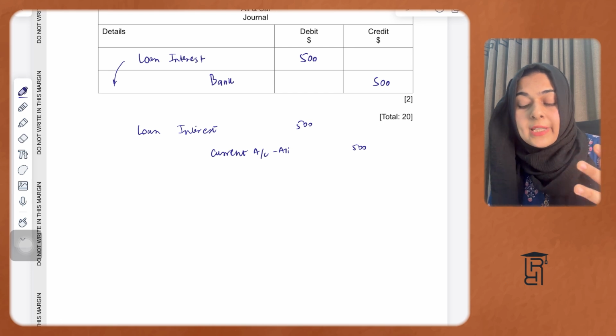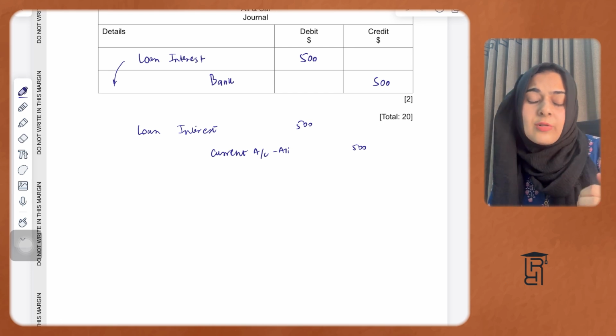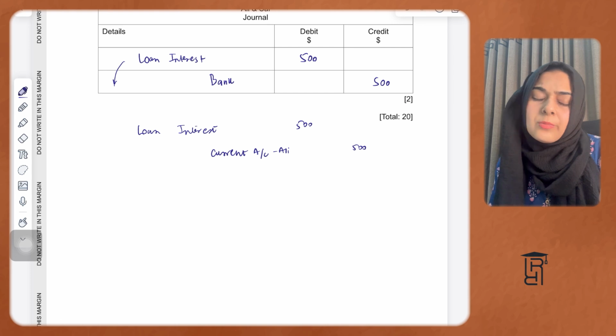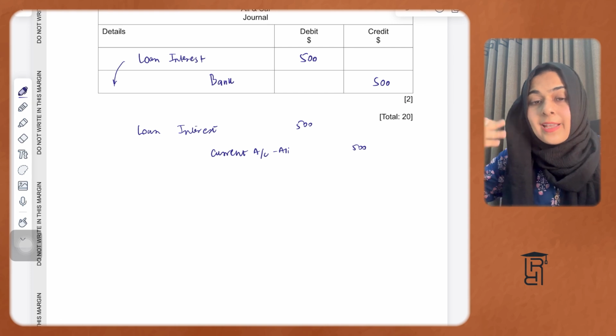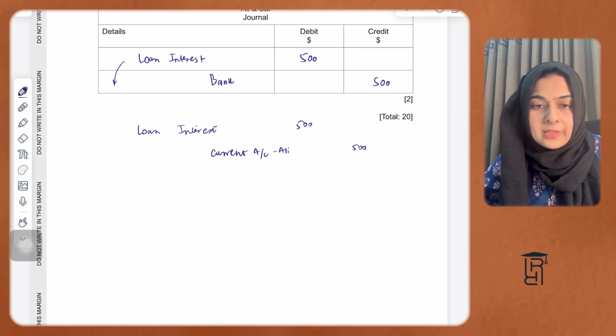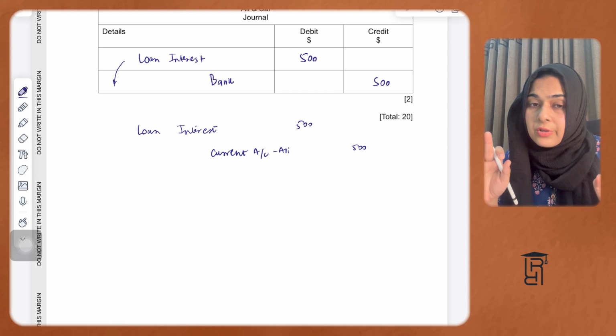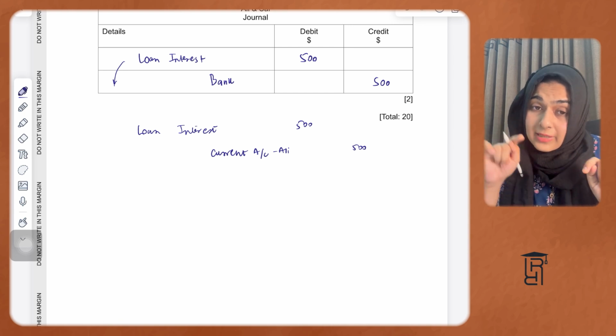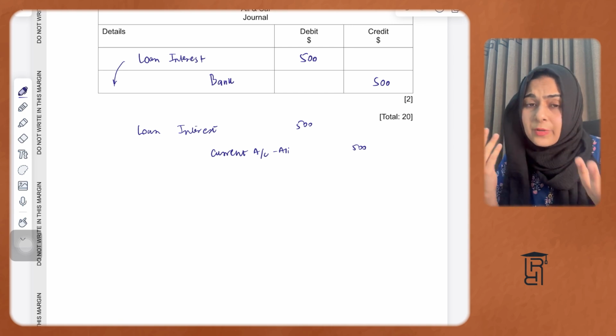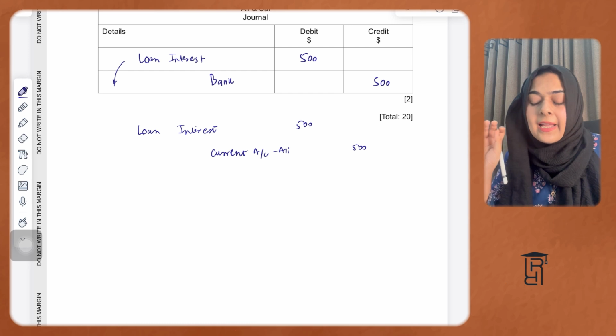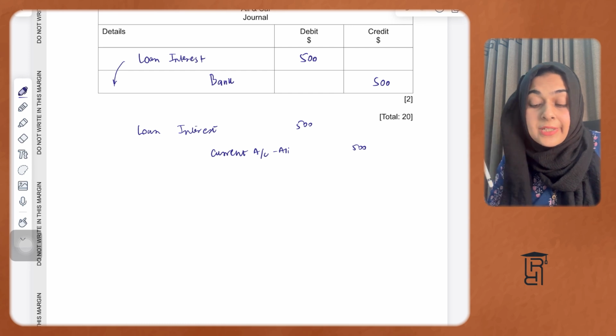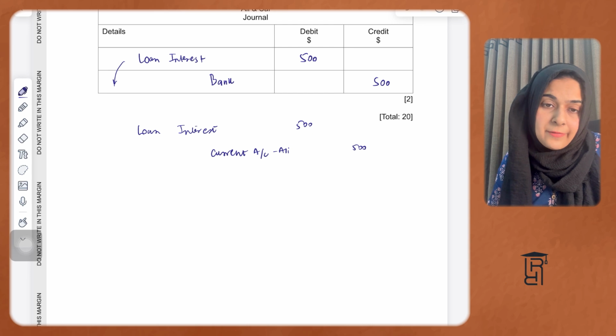That will not be a liability anymore. You will just record that as capital, and not as other payables, because this is a partner's loan. If it was a bank loan, we would have recorded it as other payables in the statement of financial position.